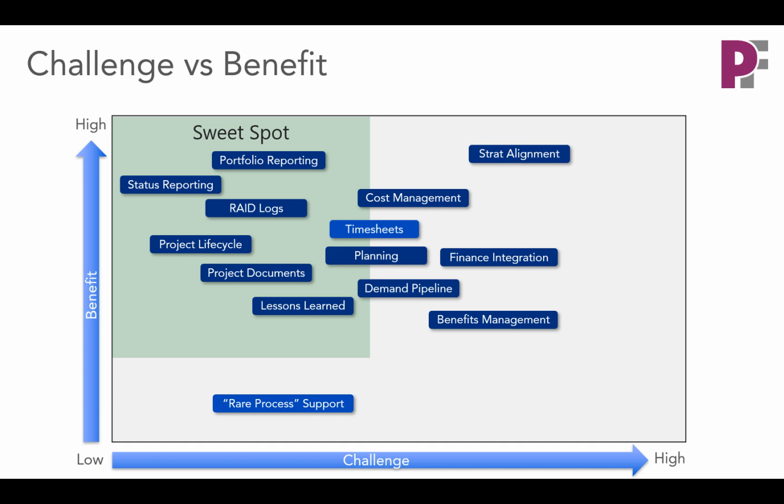Now, one area that deserves special consideration is resource management. And I want to call out something that is a typical aspiration of customers, quite granular resource management. The dream of having access to detailed demand data, so we know what certain teams and people are scheduled to do, possibly down to week or even daily level.